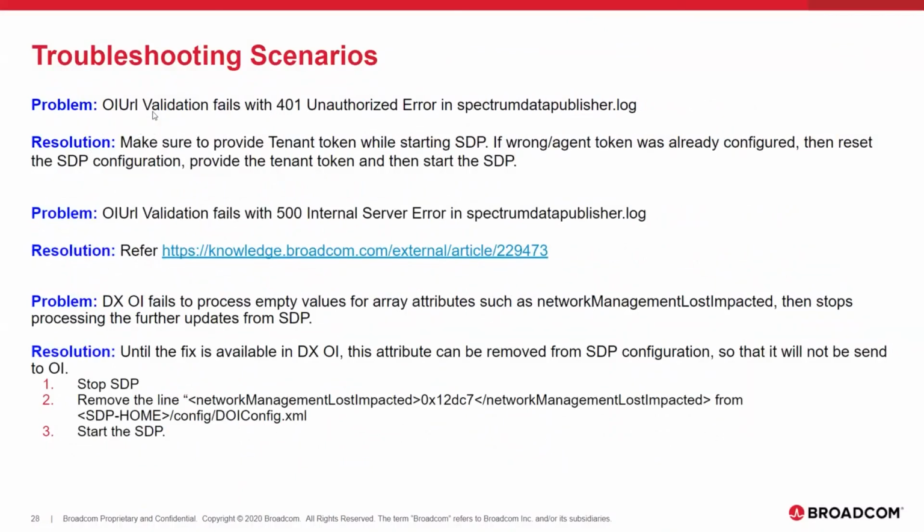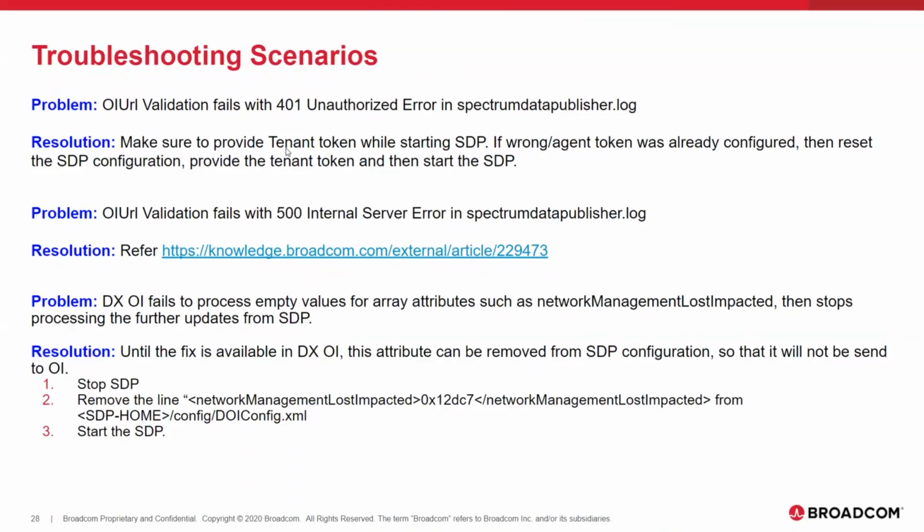OI URL validation fails with a 401 unauthorized error. You can see the unauthorized error in the SpectrumDataPublisher log. Basically, we are no longer using the DOI URL for the OI URL; we are using the same ingestion endpoint, which works with the tenant token.